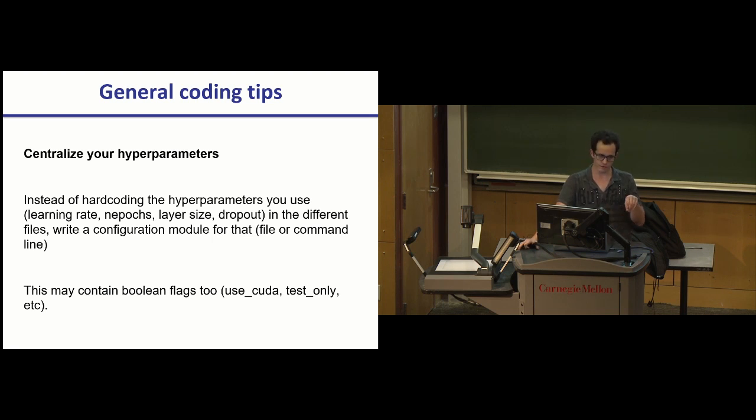Instead, centralize all the things that you can call configuration parameters. You can put that in a file, or you can send all of them in the command line of your script if you prefer. But basically, centralize them. We're going to see an example very shortly.